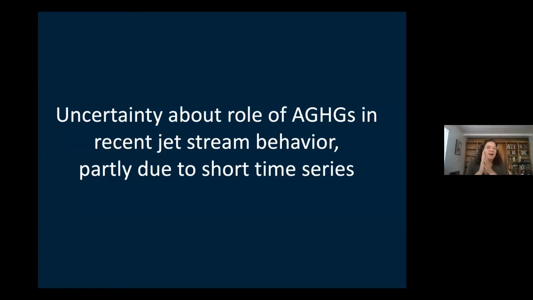But that's not a lot if you're looking at trends and at the role of anthropogenic climate change, which really has been ongoing during those 40 years. So that's where we can hopefully come in with our tree rings and provide a longer record that is better for looking at trends, but also gives a record of natural variability in jet stream behavior. So not only jet stream behavior under anthropogenic climate change, but also in pre-industrial times.